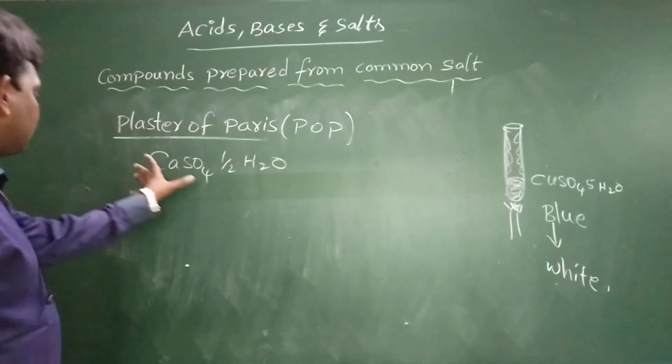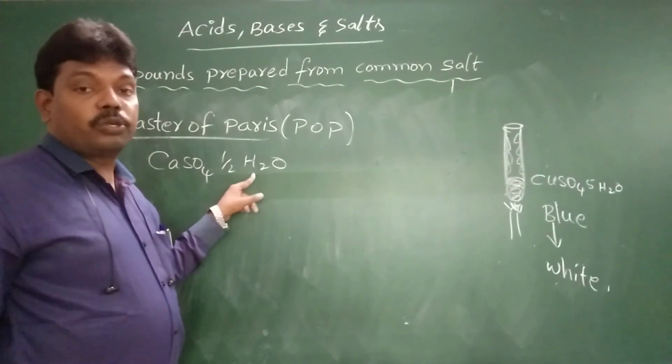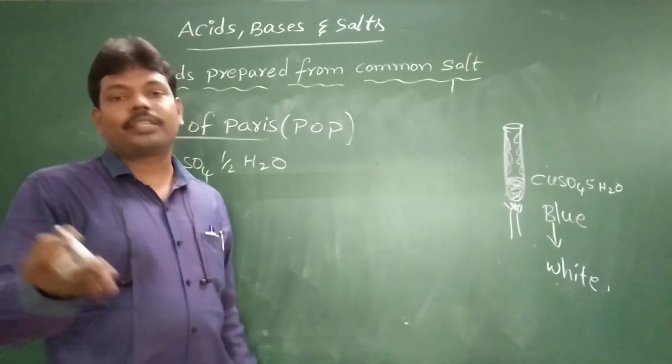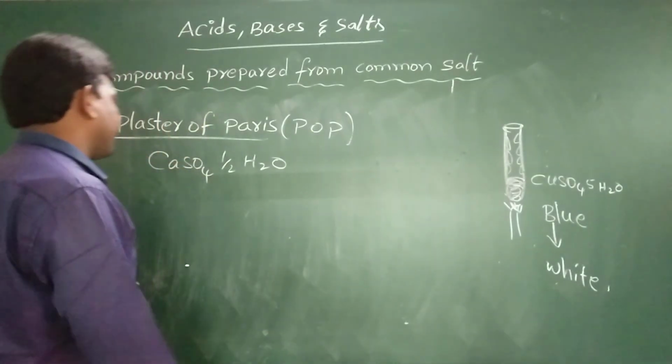One molecule of calcium sulfate contains how many water molecules? Only half a water molecule. Is it possible to have half a water molecule? No. Actually, we have to take it like this.